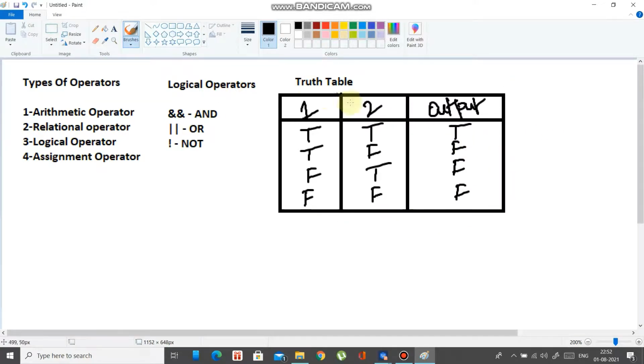So it's like binary multiplication: 1 into 1 equal to 1, 1 into 0 is equal to 0, 0 into 1 will also be 0, 0 into 0 will be 0. Just think like this.